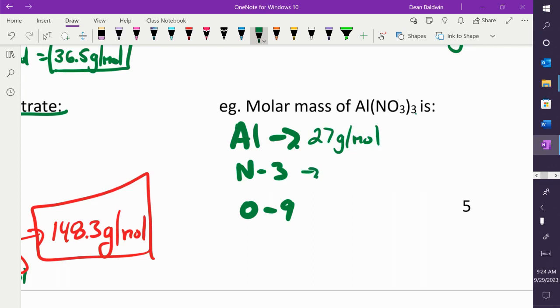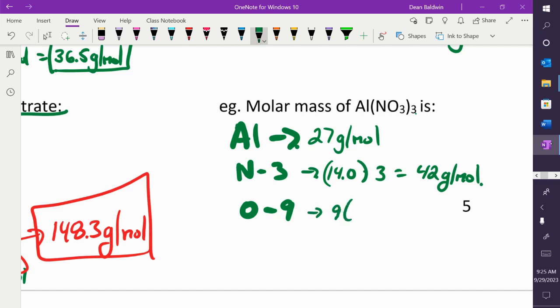What's the molar mass of nitrogen? 14.0 grams per mole, but we have 3 of them, so we have to multiply that by 3. What's 3 times 14? 14 times 3, 42. 42 grams per mole.